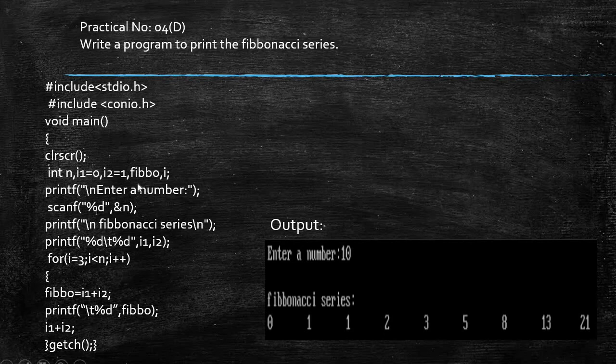That's why we have already declared the value for the i1 variable as 0 and the i2 variable as 1. So by default, it will print 0 and 1. You can see over here within the output, 0 and 1 get printed by default because we have already declared the values for both variables.